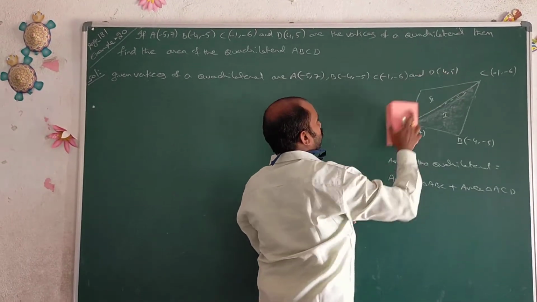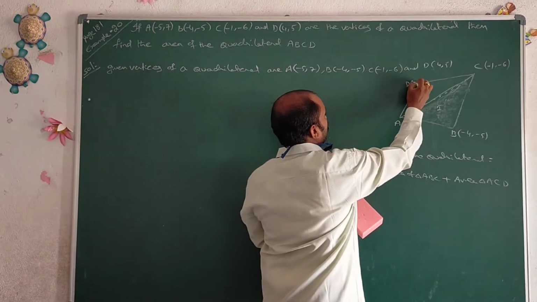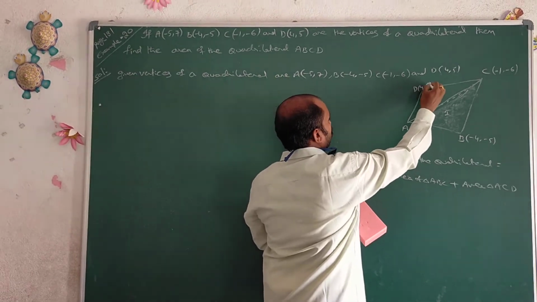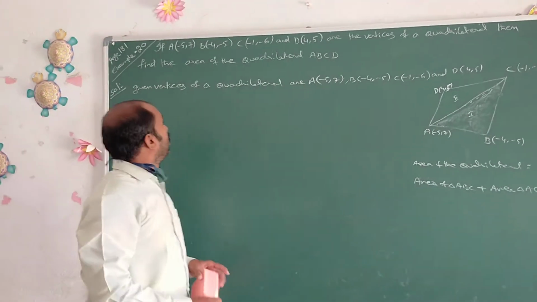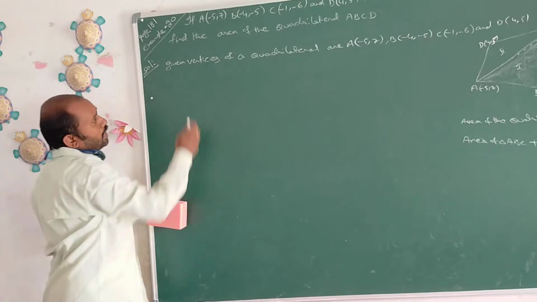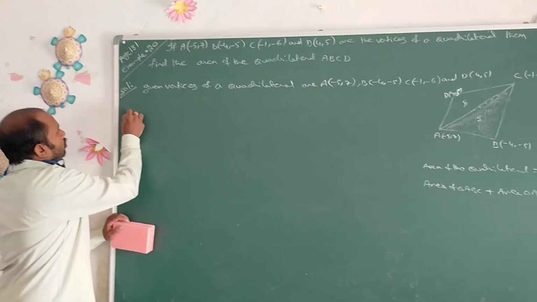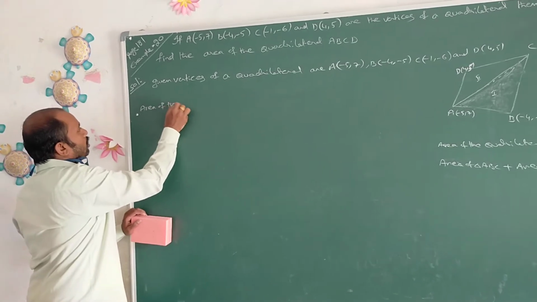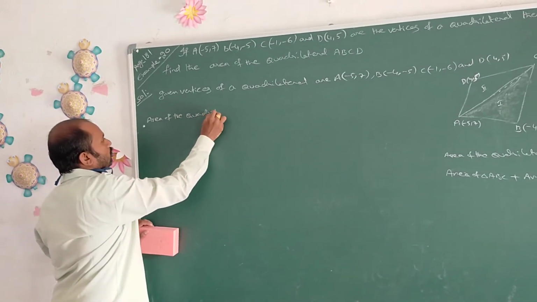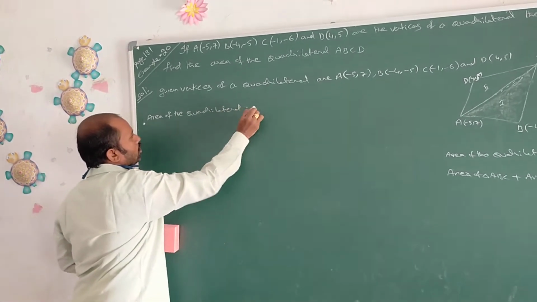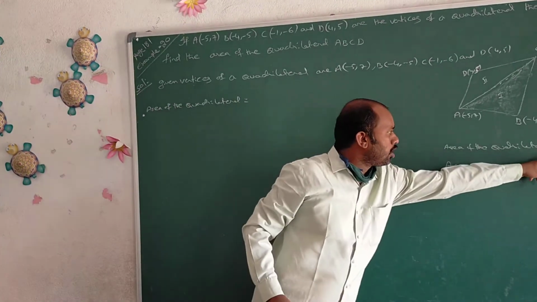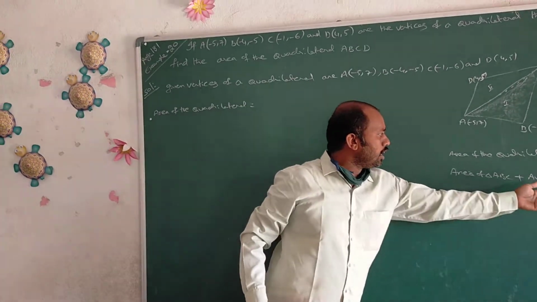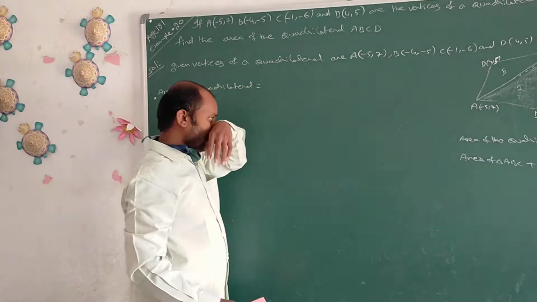These are the 4 vertices of a quadrilateral. Now find the area of the quadrilateral. Area of the quadrilateral equal to area of the triangle ABC plus area of the triangle ACD.